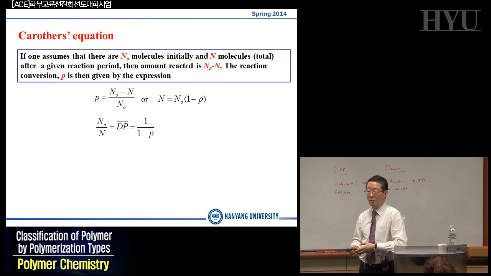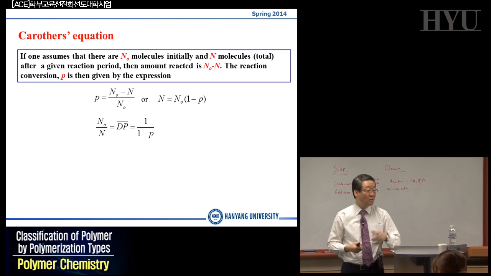You can replace this with C. In physical chemistry, C is the concentration of your molecule or any reagent at a given time t after reaction, equal to C0 times 1 minus p. It's exactly the same: N is equal to N0 times 1 minus p.